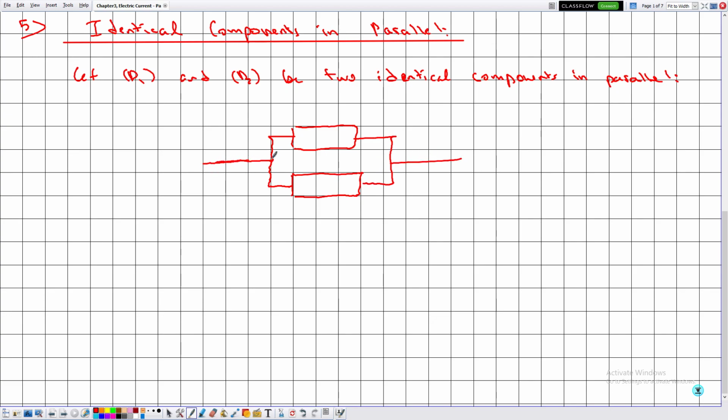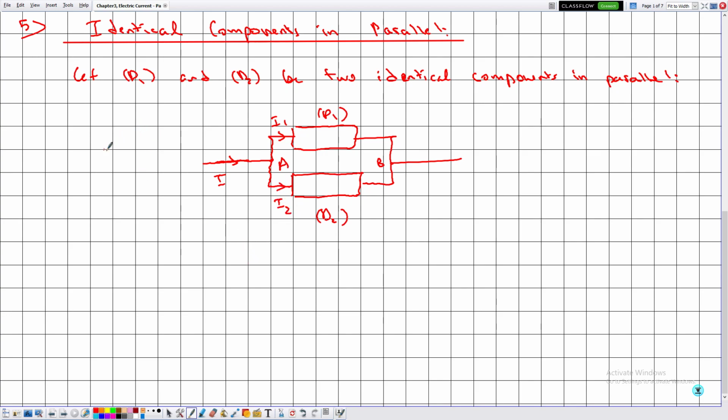And suppose that this is the node A and this is the node B. This is the electric component D1 and this is the electric component D2. And suppose that the main branch is being traversed by the current I, and at the point A it splits into two currents that are given by I1 and I2.